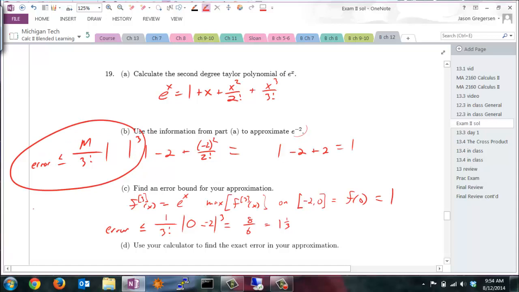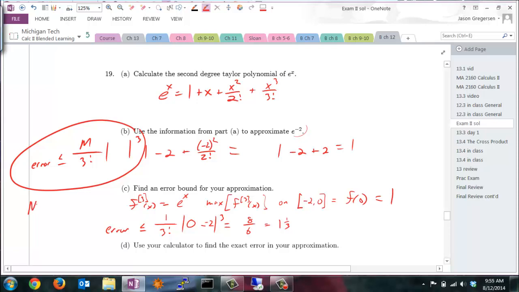Now, M is the maximum value of our 3rd derivative on the interval. The third derivative is e to the x. But what's our interval here? 1, 2. Why 1? That's the approximation of the function at e, but it's increasing.